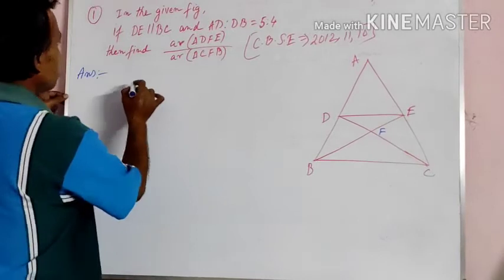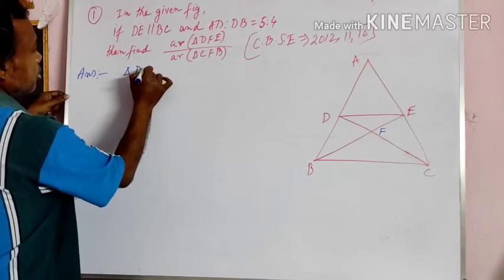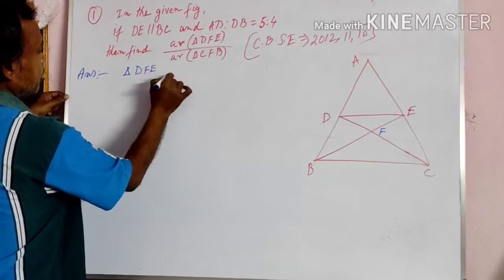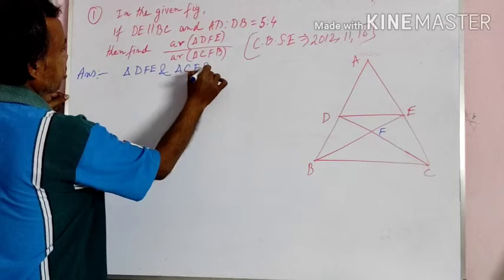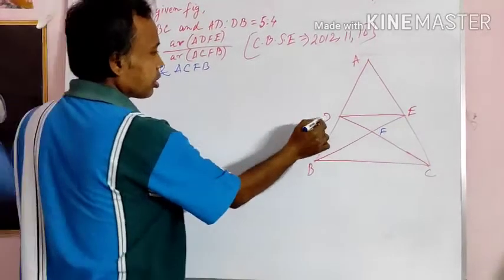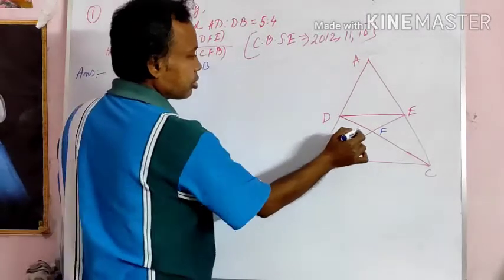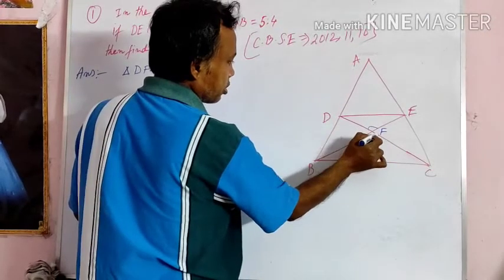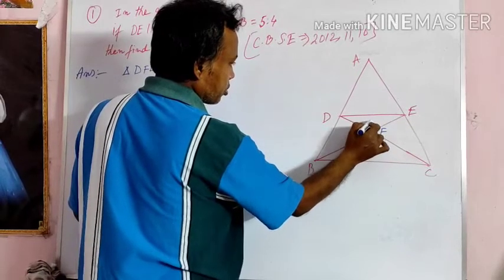So in triangle DFE and in triangle CFB, in these two triangles, this is your vertically opposite angle. Suppose this is angle 1 and this angle is 2.